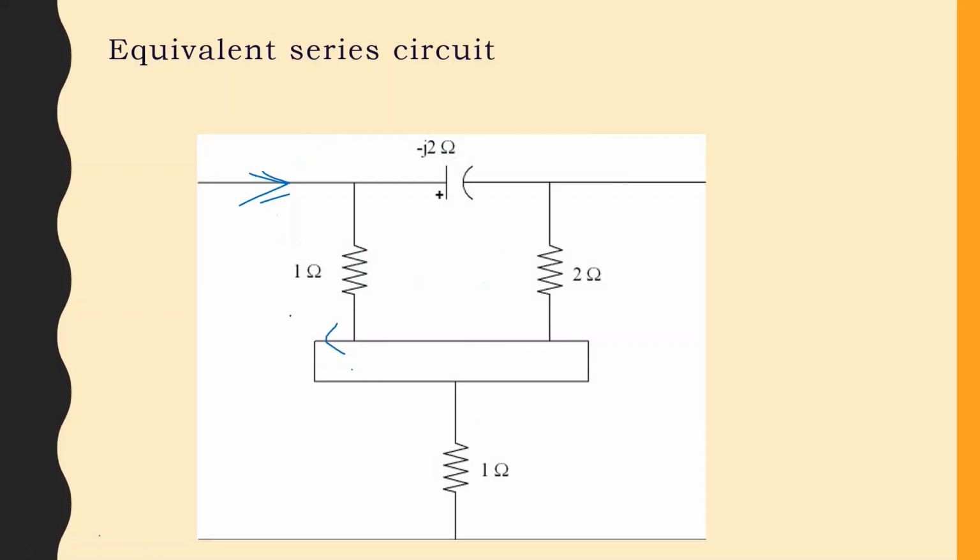And that current will enter network B. So in a sense, we have two networks in parallel, in series, sorry. Because the current leaving one network is the same current entering the other. All right?